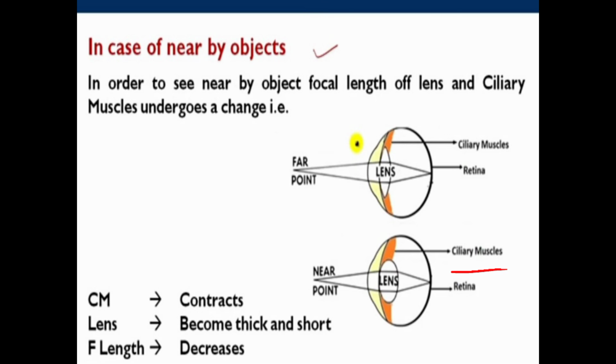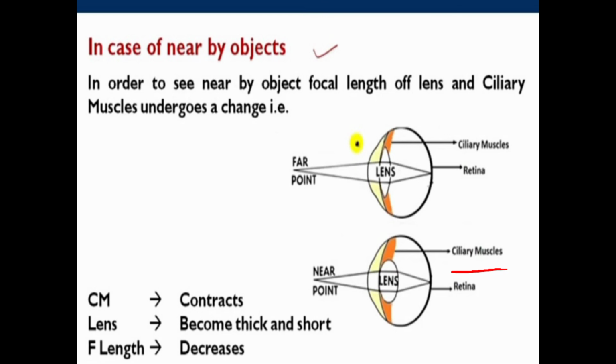If you want to see objects, whether nearby or far off, just focus on the focal length. For far off objects the focal length should be increased, and for nearby objects it should be decreased.